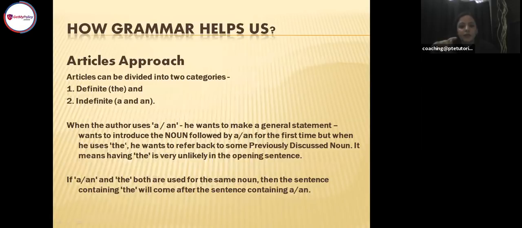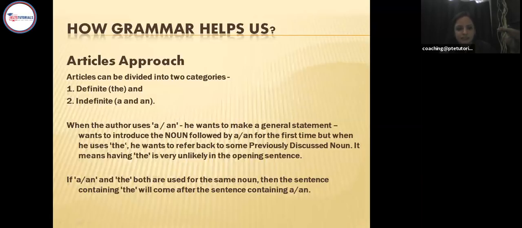Next, if after that, with that noun, in the next statement it is written the, it means what? That the plus noun is referring to the previous a noun. By linking these things, we are able to find that these two are nothing but pairs.